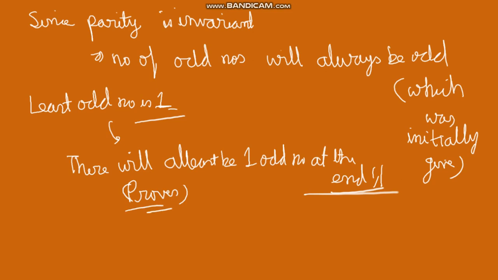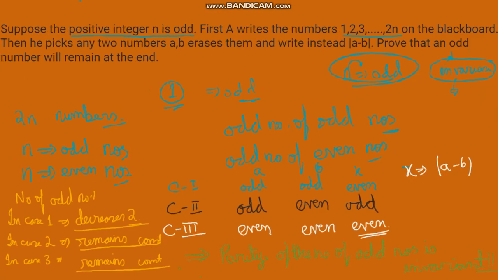Just for logical satisfaction, I am saying another thing regarding the same fact: the number of even numbers has nothing invariant in it. Case 1 increases by 1, case 2 decreases by 1, case 3 decreases by 1.